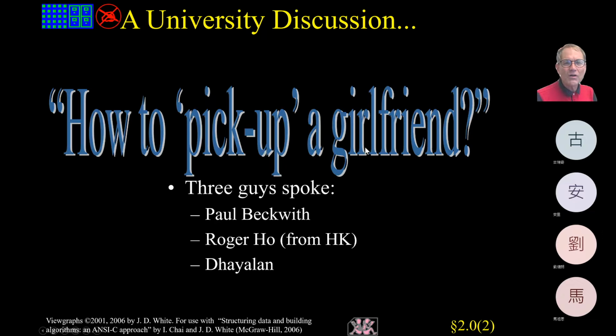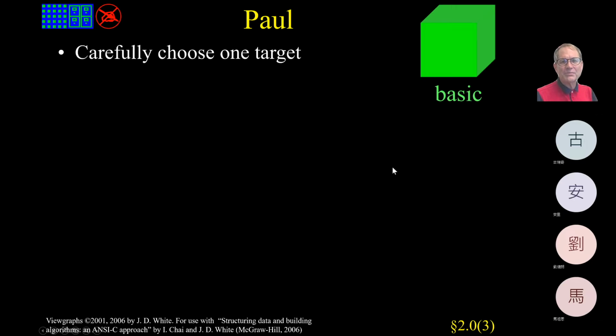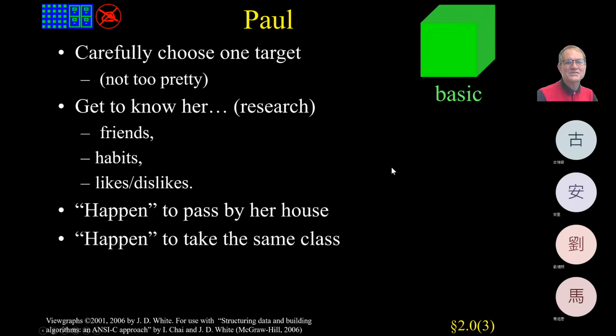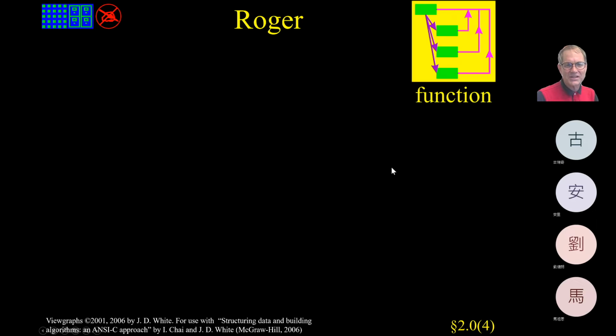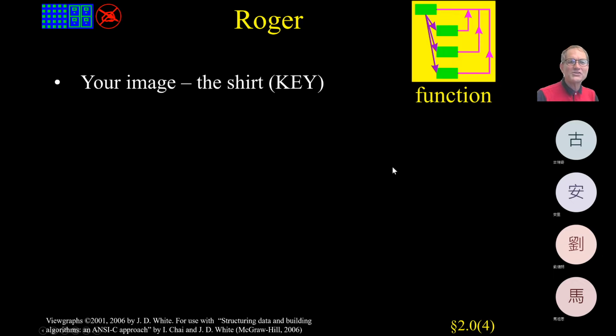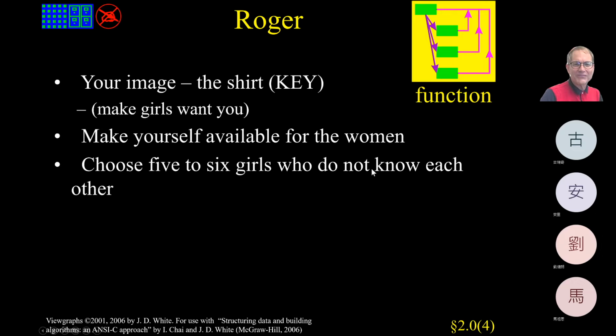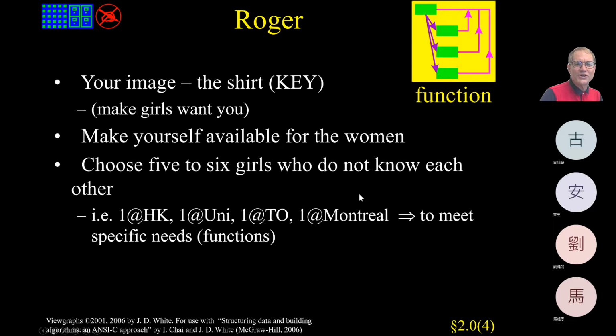Paul's approach: one target, get to know her, do your research, become friends, learn habits and dislikes, happen to pass by her house, happen to take the same class, ask her out on a date, and three months later, successful. Roger: your image, the shirt, make girls want you, and then make yourself available. Very nice strategy. Choose five or six girls who don't know each other, to meet specific needs and have specific functions.